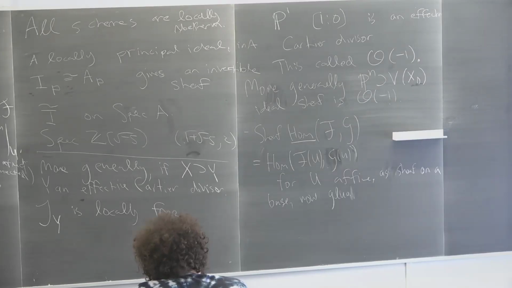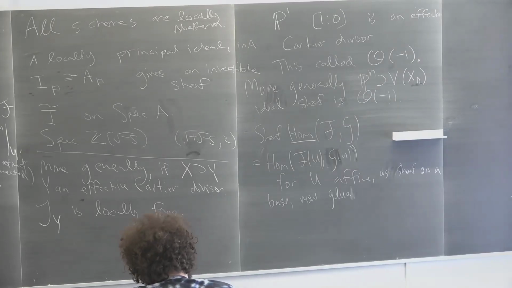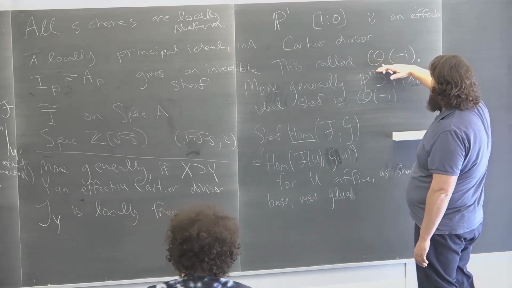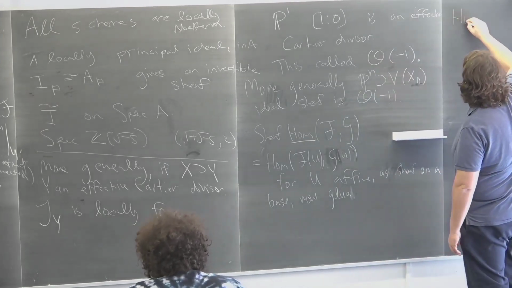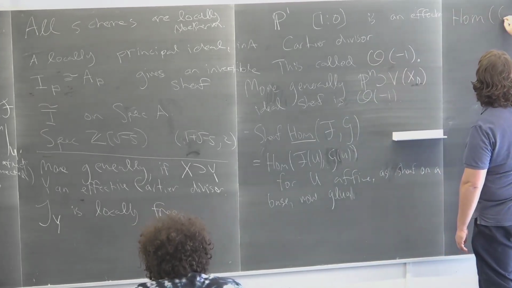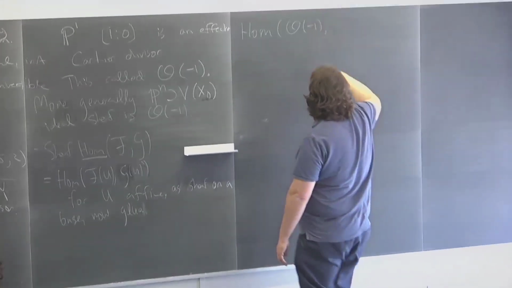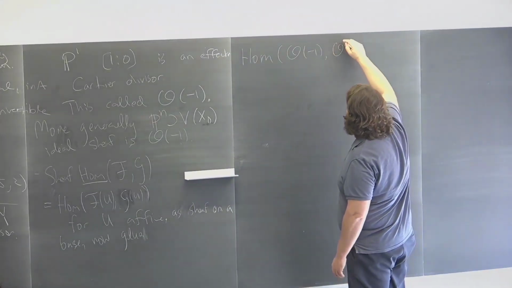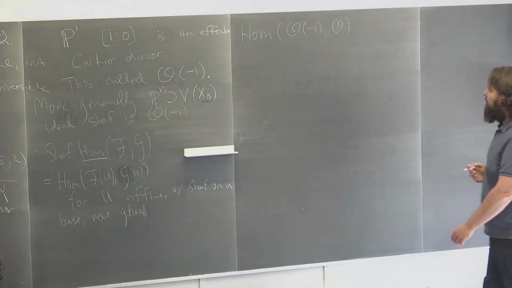So a good example of this would be, what is hom from O of -1 to O?